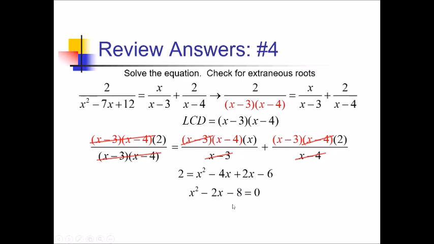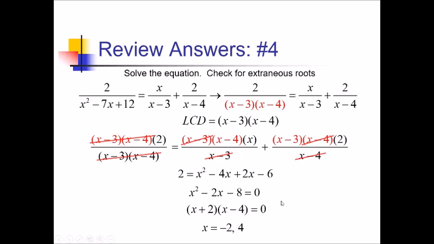And as I suspected, this does look very factorable. I just need numbers that multiply to negative 8 and add up to negative 2. So positive 2 and negative 4 will do the job. We've got x plus 2 and x minus 4. Setting both of those equal to 0, I have x equals negative 2 and positive 4.